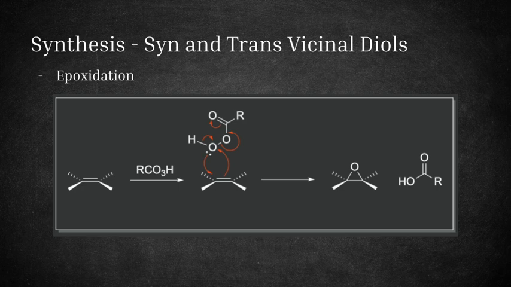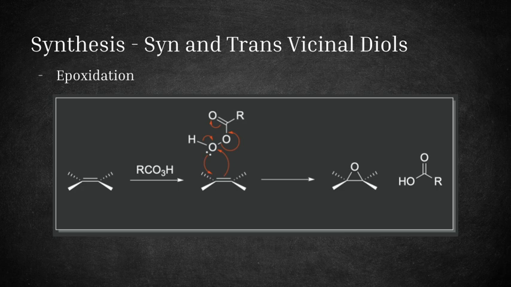Simultaneously, the peracid's carbonyl group rearranges to stabilize the molecule. The C=O pi bond shifts to accommodate the breaking O-O bond, and a proton from the hydroxyl group of the peracid is transferred internally to form the byproduct, a carboxylic acid, RCO2H. This entire process occurs in a concerted mechanism, meaning all bond breaking and bond forming events happen simultaneously, without intermediates. The result is the formation of the epoxide and the carboxylic acid byproduct.